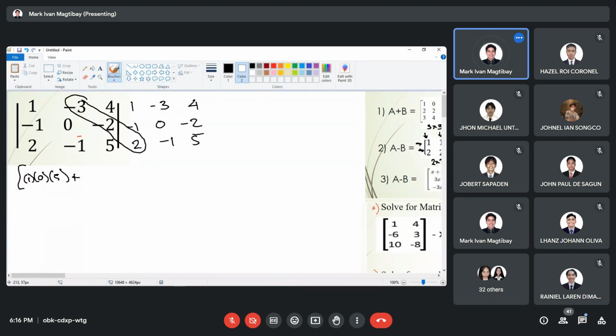This part naman, negative 3, negative 2, and 2 plus itong part naman ito. Ay, sorry, baliktad pala. Ito palang 4.